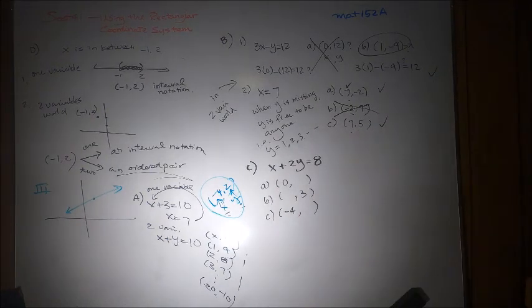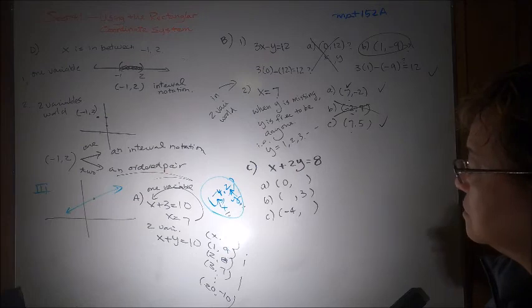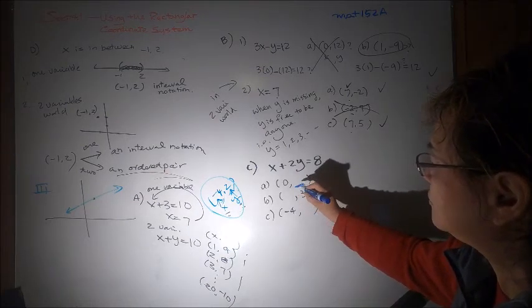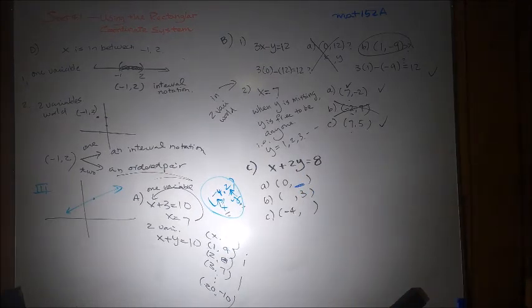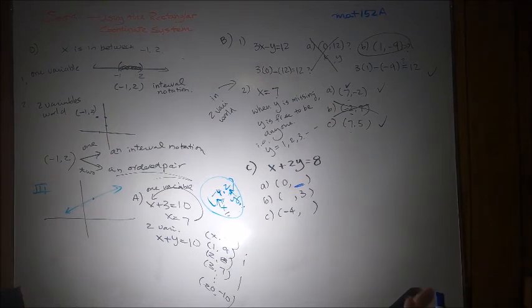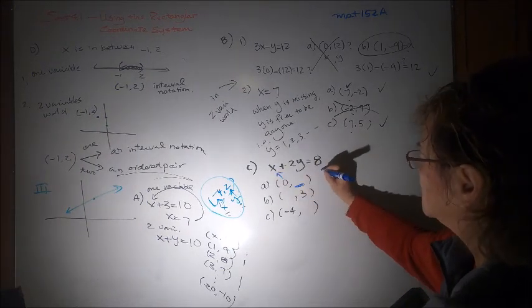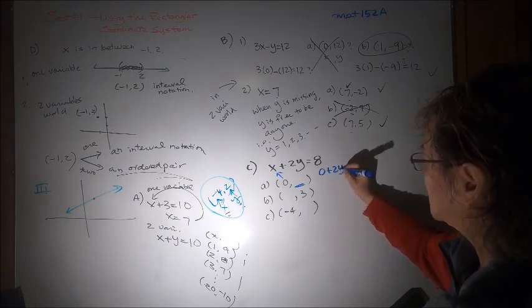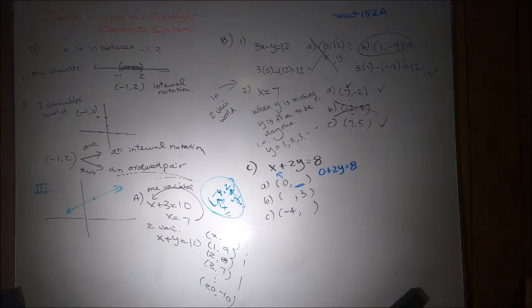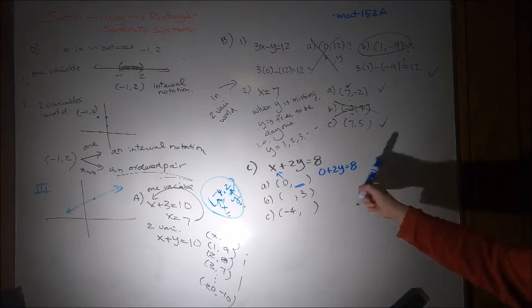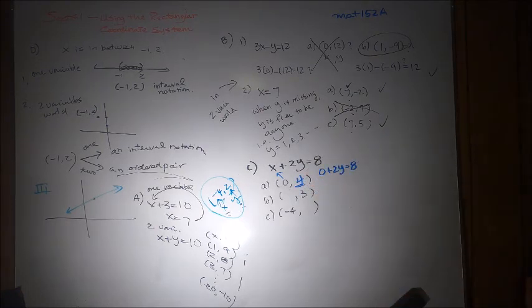What are we asking you? This one is what? When x is 0, what do you think the y will work for this equation? That's what it's saying. So what do you do? You plug in x for 0, so you have 0 plus 2y equals 8, right? Then what's your y? Divided by 2, so y is 4, right?